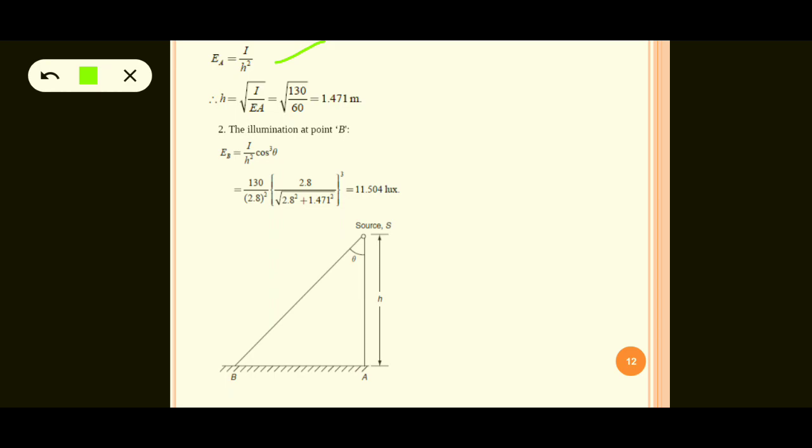From this we got H equals 1.471 and D equals the distance 2.8.